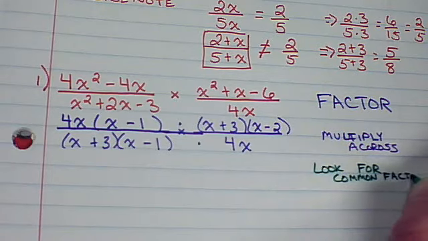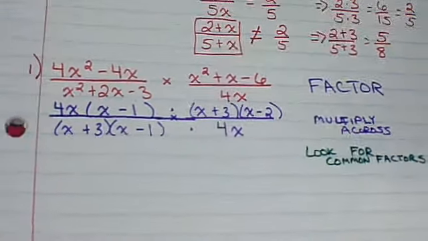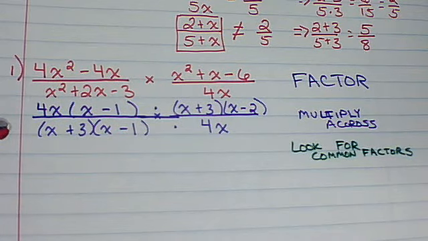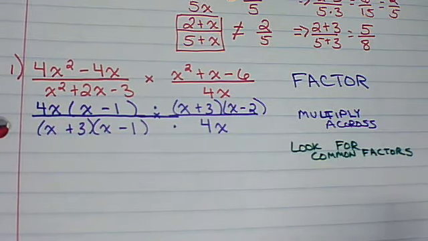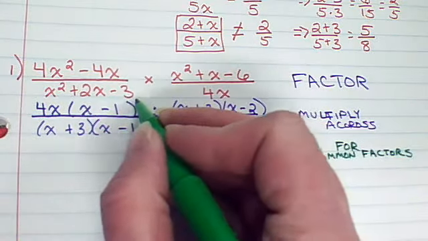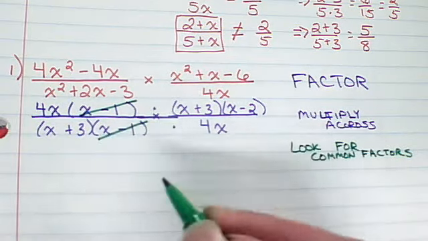Now, every matching pair can get divided out, but we have to be careful. As soon as we divide them out, we need to make a note that that is something that caused a hole. In other words, x cannot be the value that makes those 0. So we notice here we have x minus 1 and x minus 1.